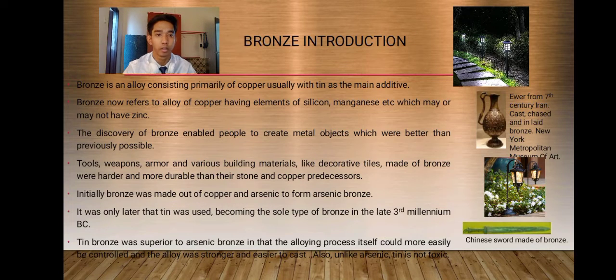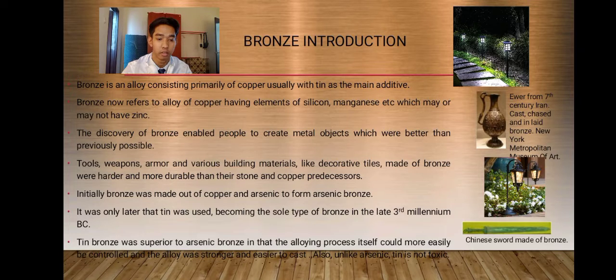Okay, the first content is introduction of bronze. Bronze is an alloy consisting primarily of copper, usually with tin as the main additive. Two, bronze now refers to alloys of copper having elements of silicon, manganese, which may or may not have zinc.